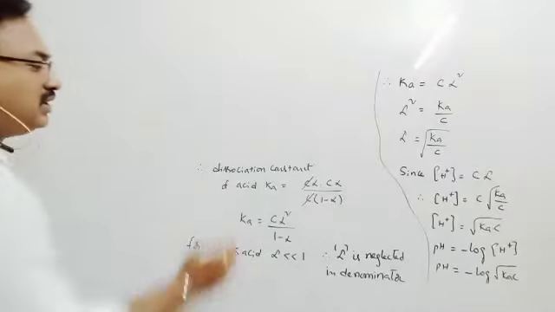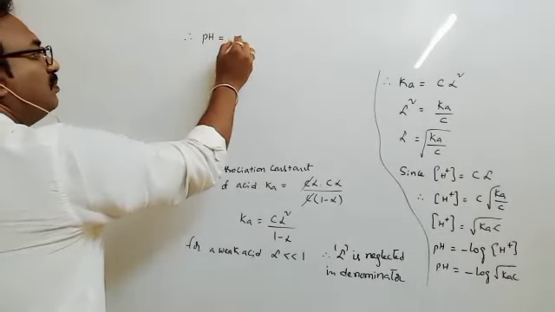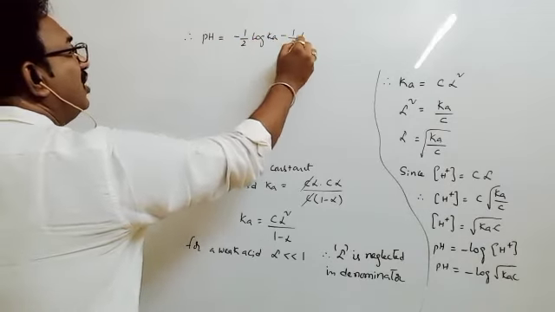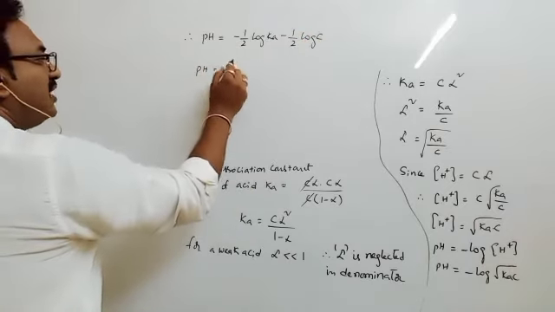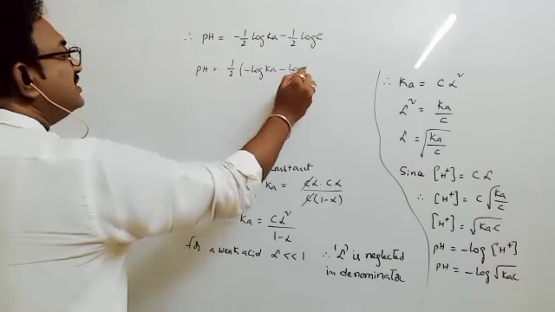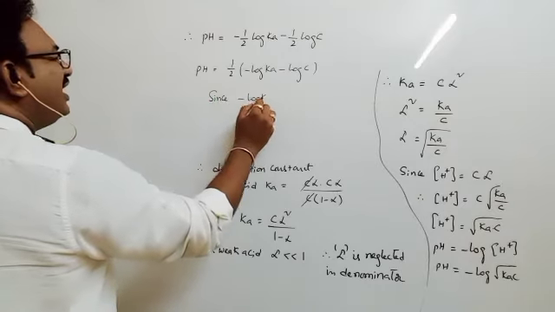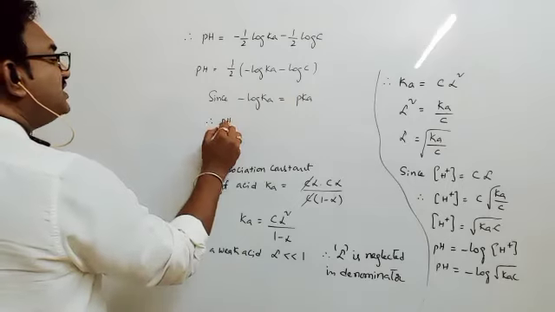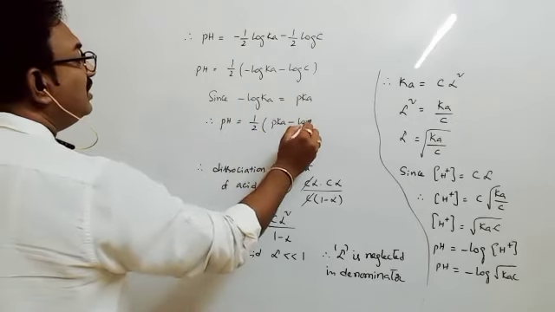Therefore pH is equal to minus of half log K minus half log C. Then pH is equal to, if you separate half, minus log Ka minus log C. Since minus log Ka can be written as pKa, therefore pH is equal to half into pKa minus log C.